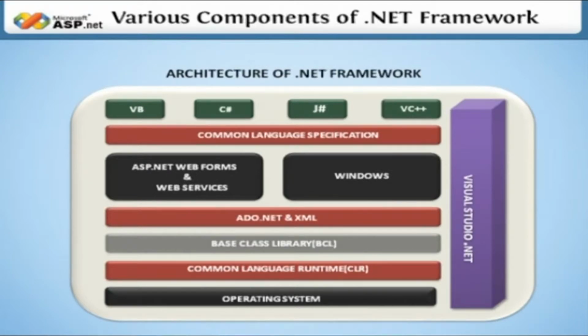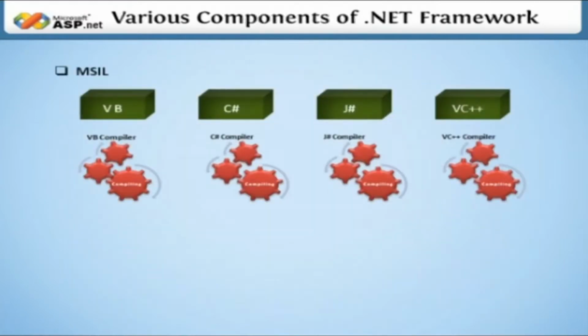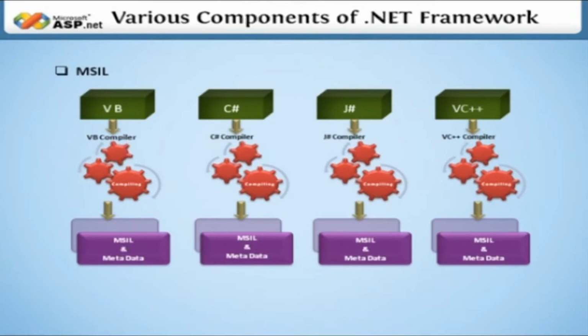In this lesson, we're going to analyze MSIL and .NET assemblies. Now let's start with MSIL, which is Microsoft Intermediate Language. When you compile a program developed in a language that targets the CLR, instead of compiling the source code into machine code, the compiler translates it to Microsoft Intermediate Language, MSIL, or IL.